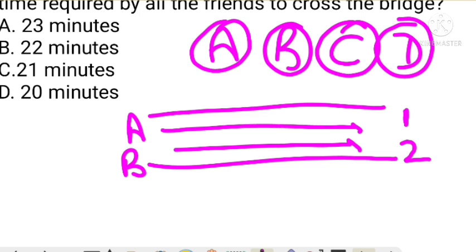So the time they take to cross the bridge is 2 minutes. But A has the faster speed, so he will return to this point so that he can carry another person. So 2 minutes to cross the bridge, and 1 minute the time he took to come again to the starting point.